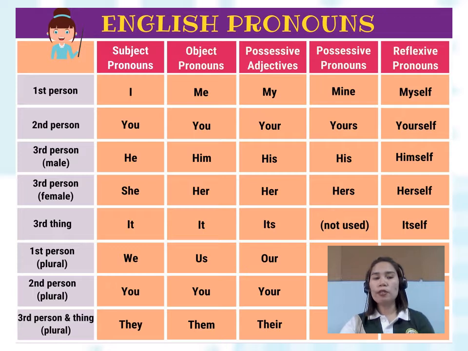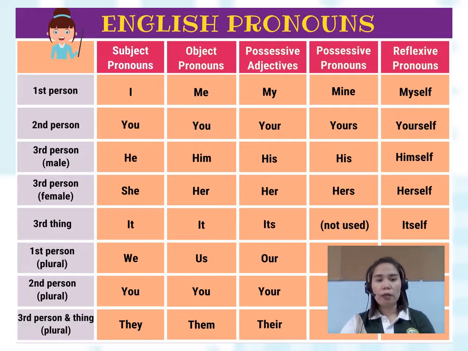So the first person, it is the speaker, and we are using it in direct speech. For second person, we only have the you and the yours. So when we say second person, it is the person or people being spoken to. And for the third person, these are the persons or people or things being spoken about.